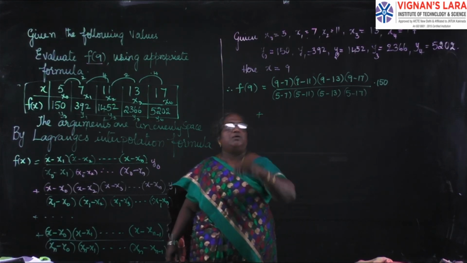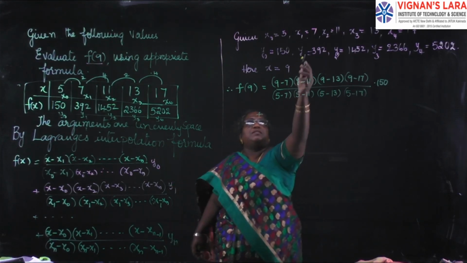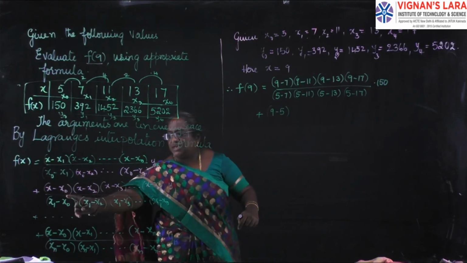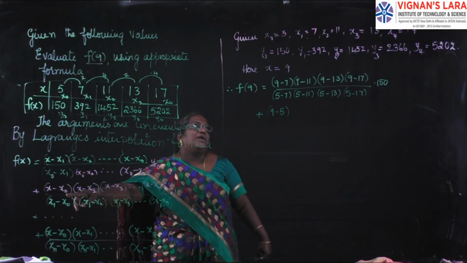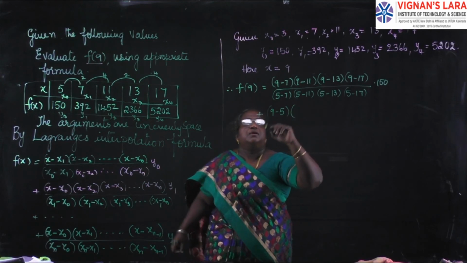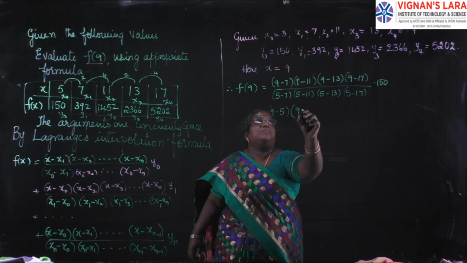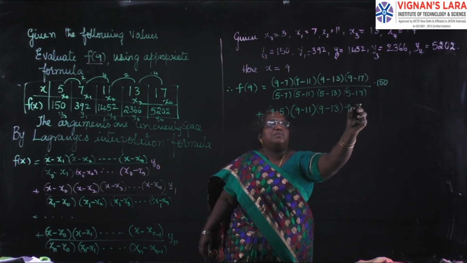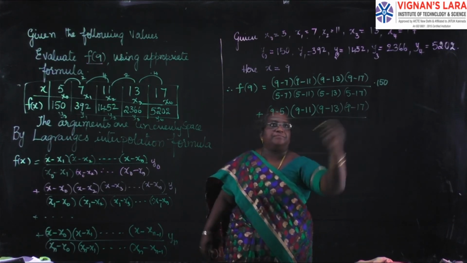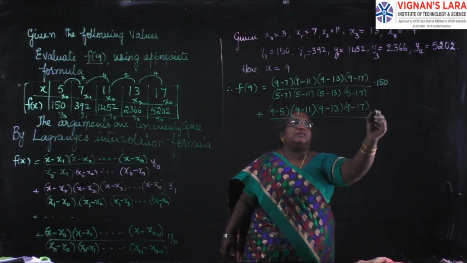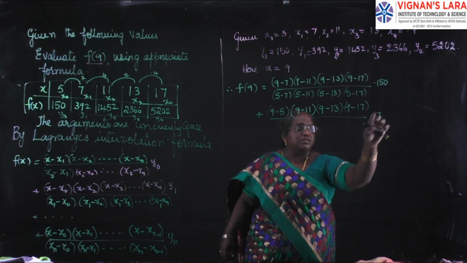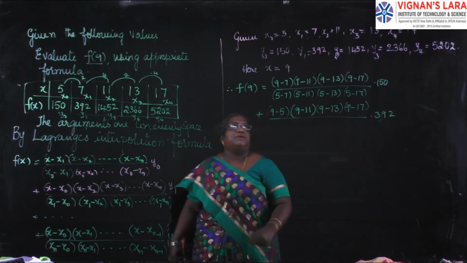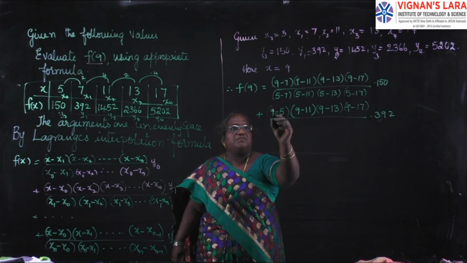This time we omit 7, x1, and write the remaining terms: (9 minus 5), we are not going to write 7, (9 minus 11)(9 minus 13)(9 minus 17) by, into y1, which is 392. In the denominator, because we omitted x1, in place of 9 we get 7.